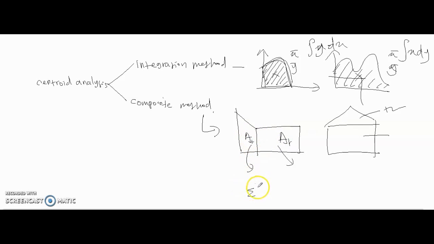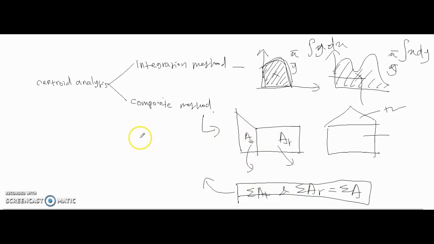The summation of the two areas is the area of the whole system. The same goes when you want to find the location of the center of gravity.